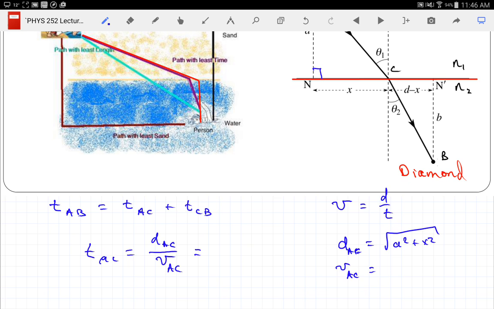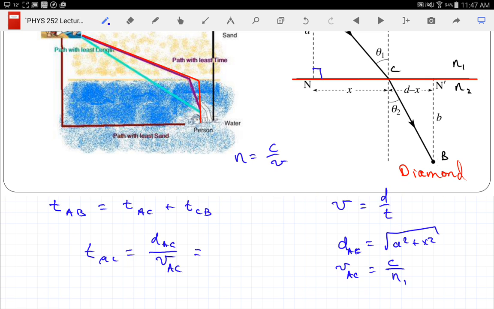Okay. The speed, the index of refraction is defined as n is equal to c over v. So if I want to solve that for v, it's just c over n. And so in material 1, it's n1. Isn't that kind of begging the question, though? Because isn't the whole point that we're deducing what the index of refraction is?